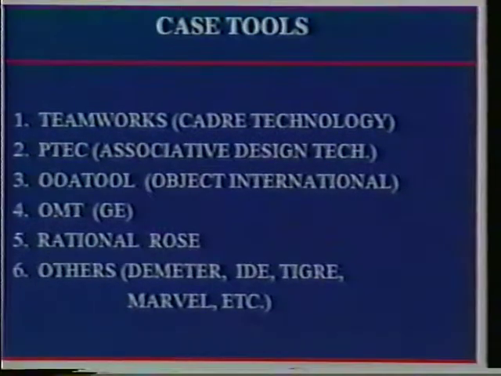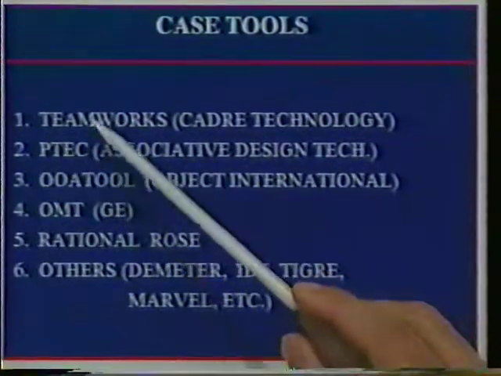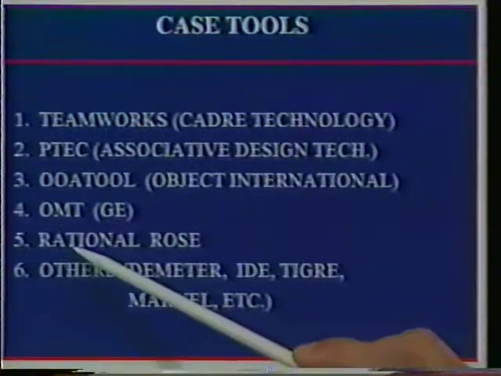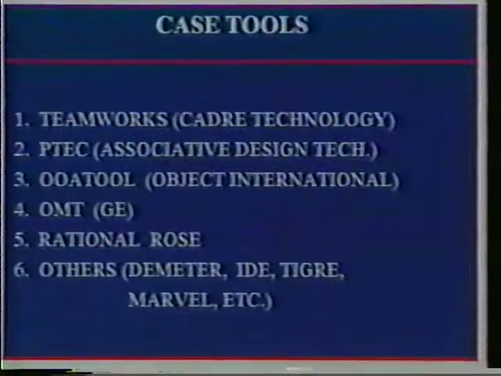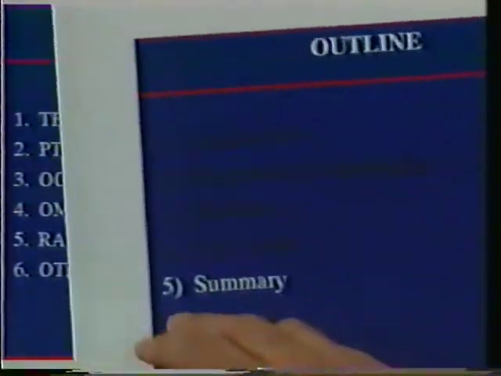There are a number of CASE tools available in the market, such as the ones shown here: Teamworks, PTech, OMT, Rational Rose, Demeter, IDE, Tiger, Marvel, etc. These CASE tools map directly from an intuitive interface into code in an appropriate language such as C++. But again, these CASE tools right now are not tightly integrated.